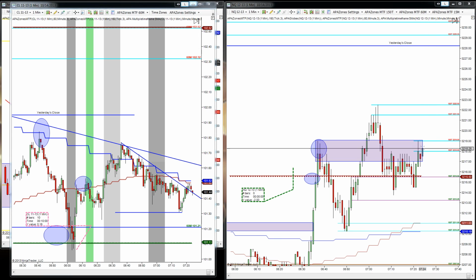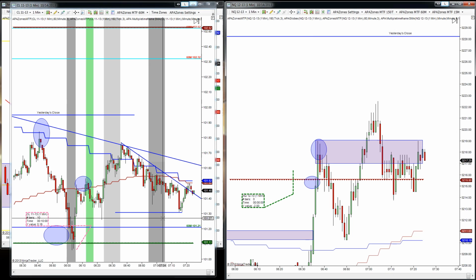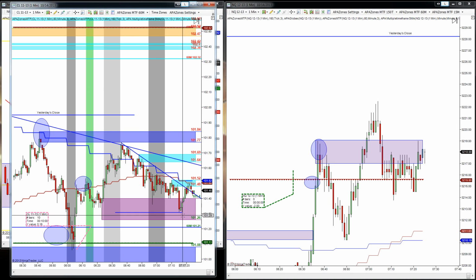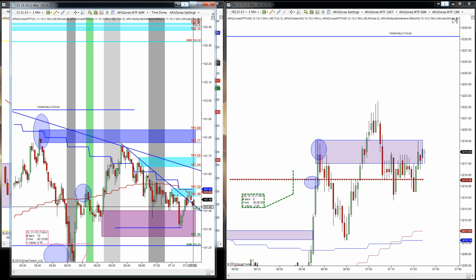Okay, let's see if this candle here on NQ can power through the previous high. Here's what I see as the active zones of the 1 minute chart here on CL. You kind of get a feel of what's going on there.